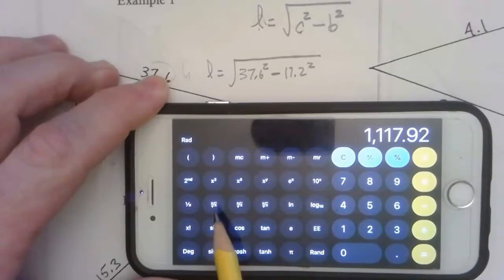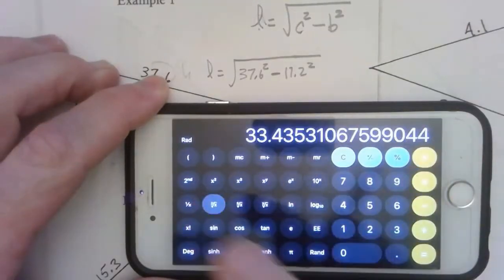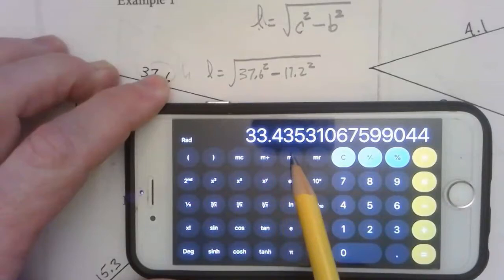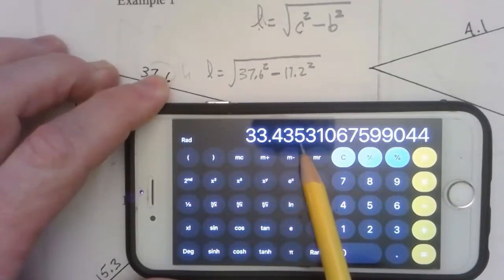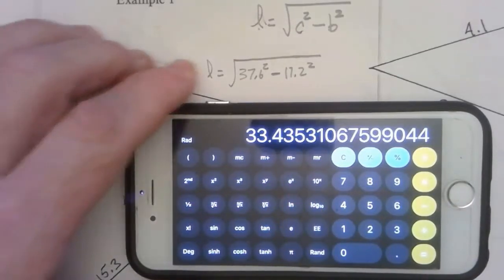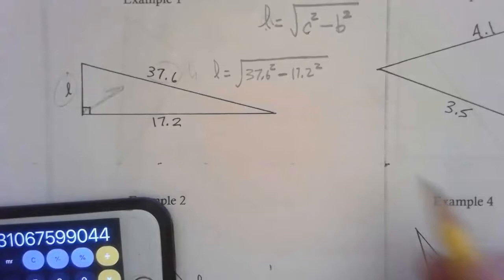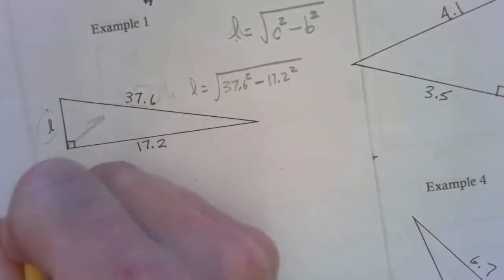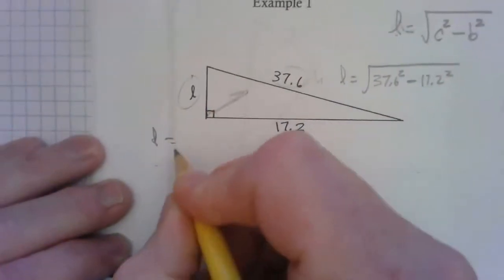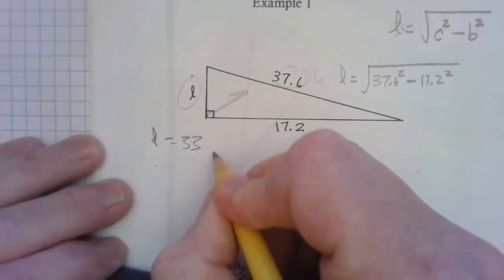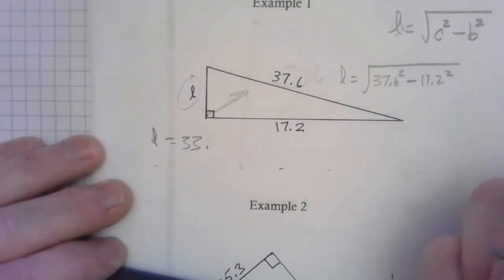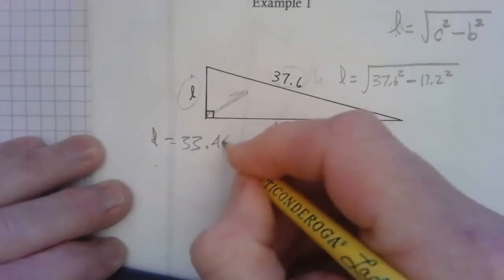Then take the square root of that, this button right here. There we go, 33.44. This 5 will bump that 3 up to a 4. So L would be 33.44.